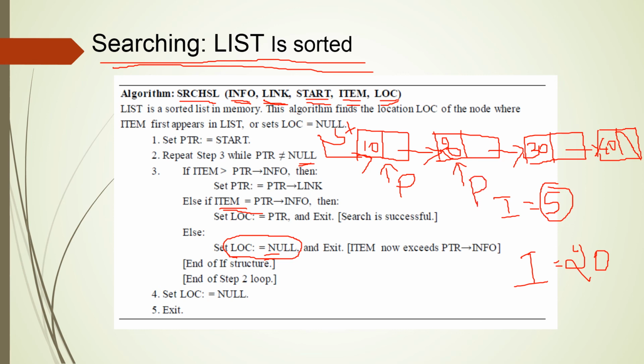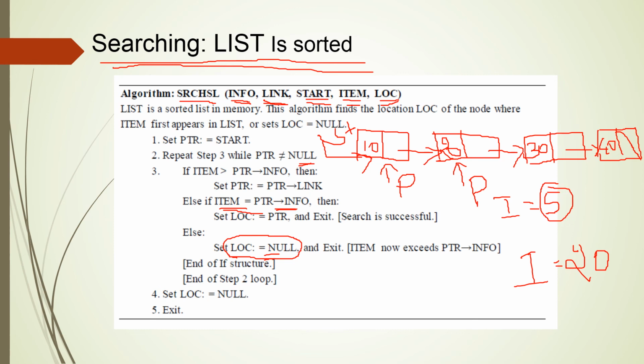Again it goes back to the while condition, set PTR is equal to PTR of link. PTR not equal to null, the condition is true. Item is 20, PTR of info is also 20. 20 greater than 20, the condition is evaluated as false, so it goes to the else part and item is equal to PTR of info.